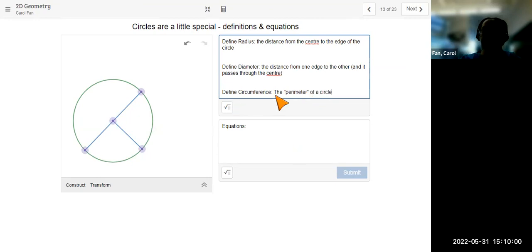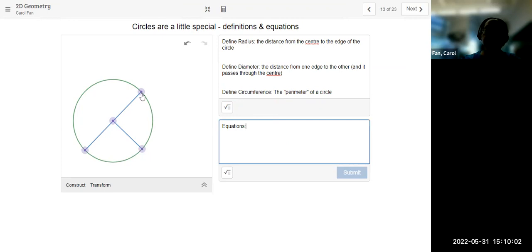So if I'm ever saying find the circumference, it means find the distance around the outside. Now, using equations, we have circumference is equal to pi times d.